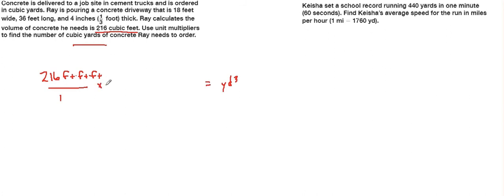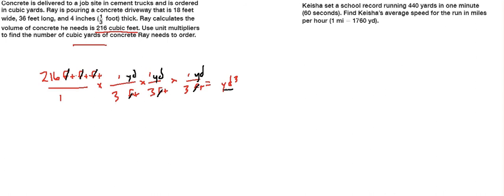So we multiply, and multiply so that we can get rid of 1, 2, 3 because we want just yards at the end. 3 yards to be exact, yards cubed. Same multiplier as my example earlier. 3 feet to 1 yard.